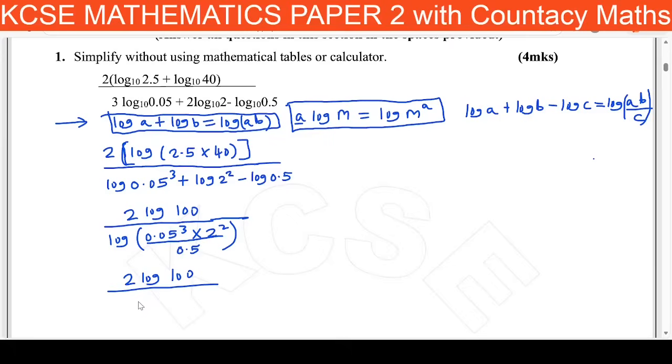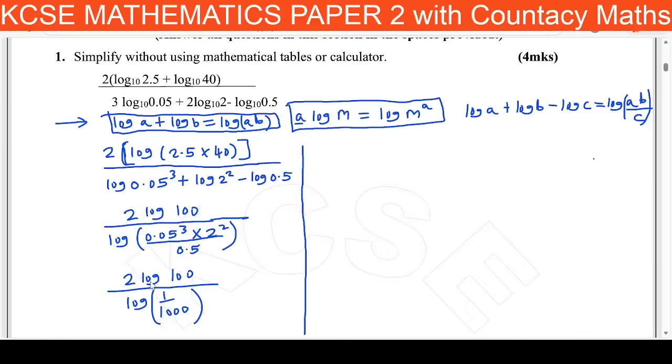Interestingly, this one is going to give you log 1 over 1000. Yeah, because once you do 0.05 to power 3 times 2 squared over 0.5, that is going to give you 1000, which is equivalent to 0.001. So let's go ahead and proceed with the question.